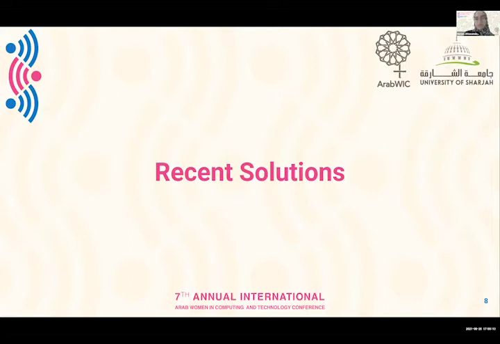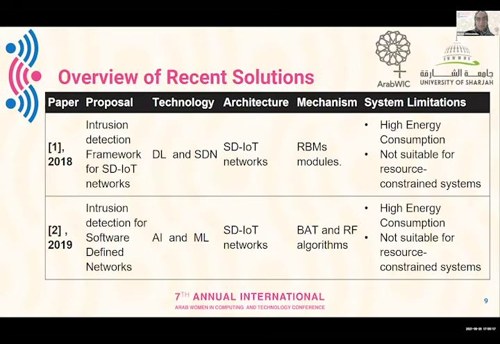This is an overview of the recent solutions. In this table, we have some proposals. The first one is an intrusion detection framework applied on software-defined IoT networks. It uses deep learning and software-defined networks technologies, with restricted Boltzmann machines to detect the intrusions. This paper was published in 2018.